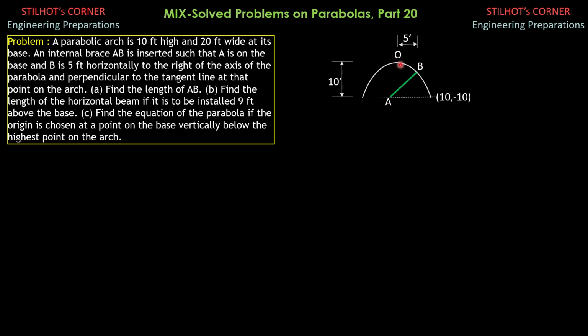Take note, this is the origin. So the expected equation of the parabola is x squared equals, because it is up and down, negative latus rectum times y, because the origin is at the highest point, coordinate 0, 0.